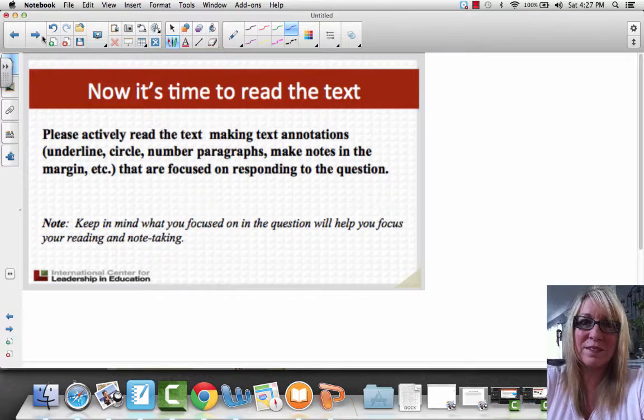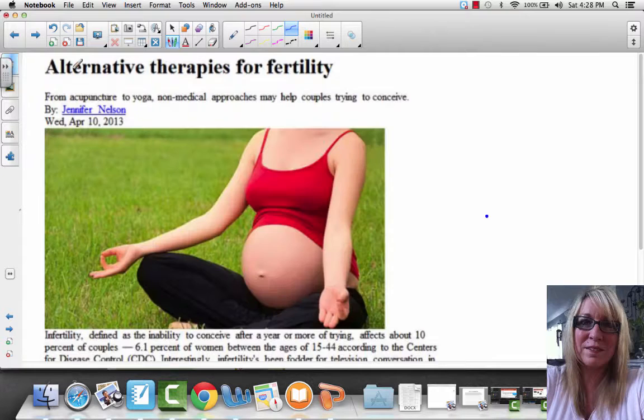Now it's time to read the text. I will read the first part of the article with you to show you how to actively read by underlining, taking notes in the margin, and finding ideas that are connected to the purpose of our reading. So the article is Alternative Therapies for Fertility.